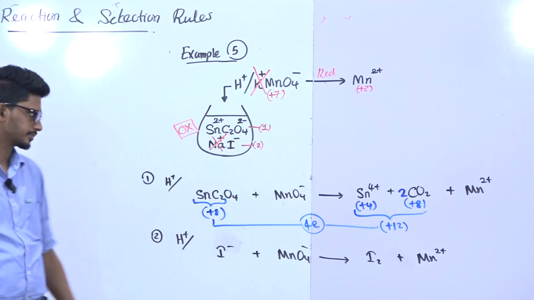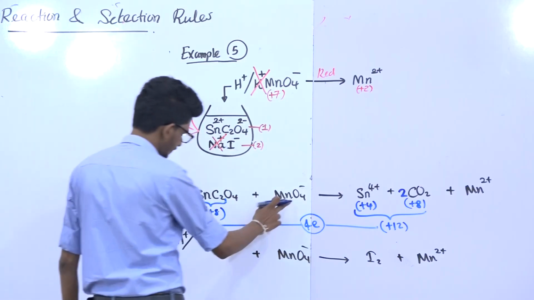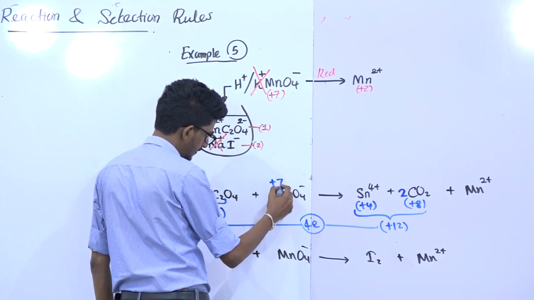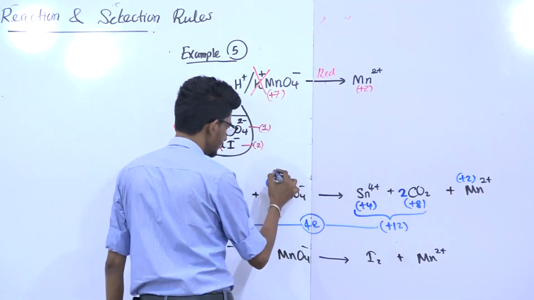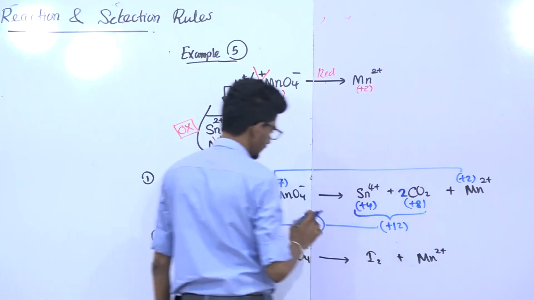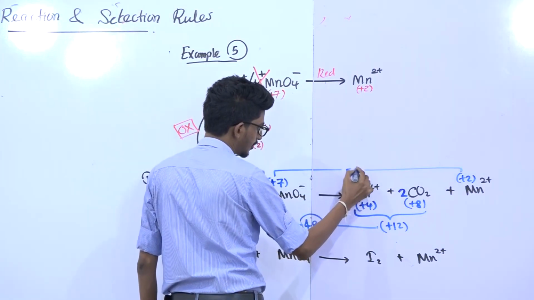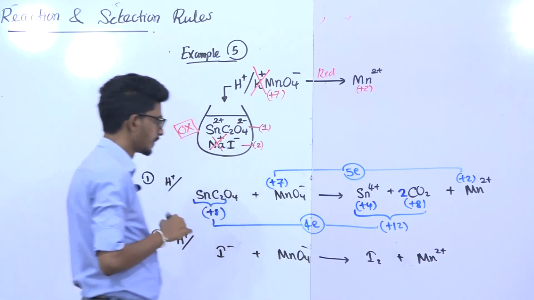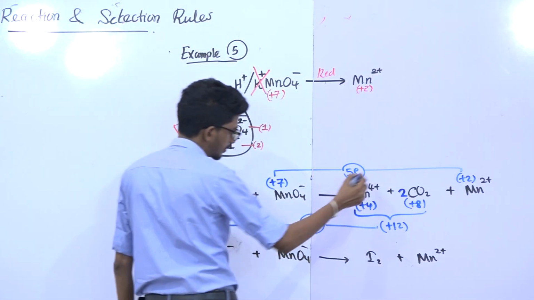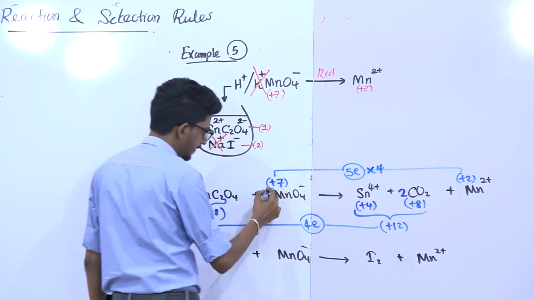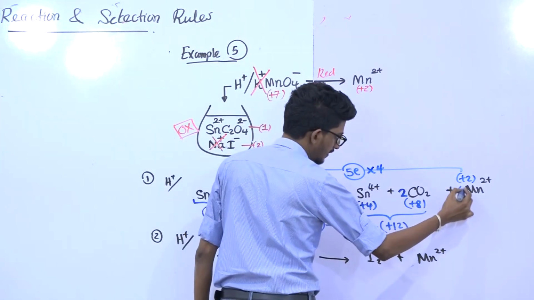Manganese is +7 going to +2. That is 5 electrons. So the least common multiple is 20, so you need to multiply this with 4, 4 of the manganese species, and this with 5.